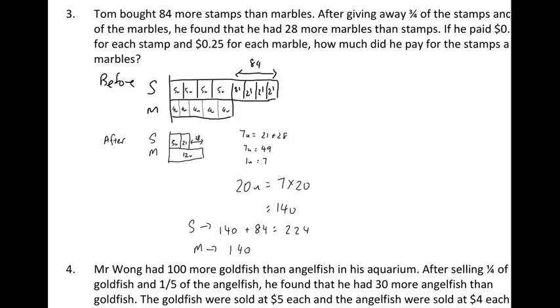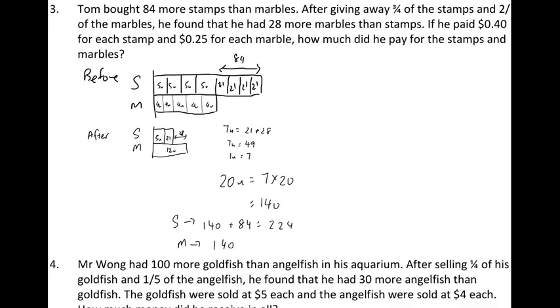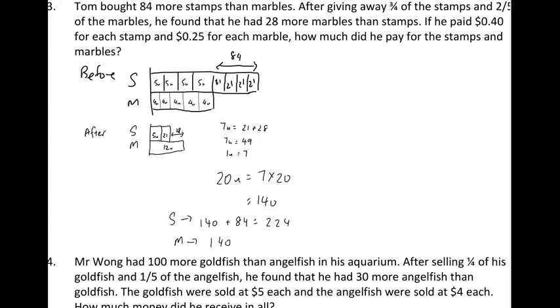Yes or no? But we want to find how much. That's why just now I said the cost of each stamp and each marble is the least important, right? In the model drawing, because it's not even involved in the model itself. So to find the cost, Elliot, can you tell me what's the last step? 224 multiplied by 40 cents plus 140 multiplied by 25 cents, right?